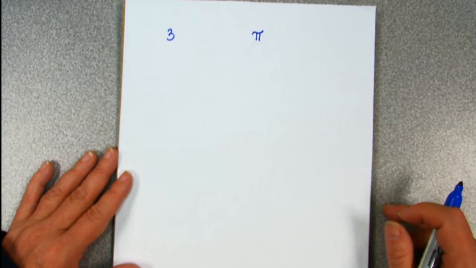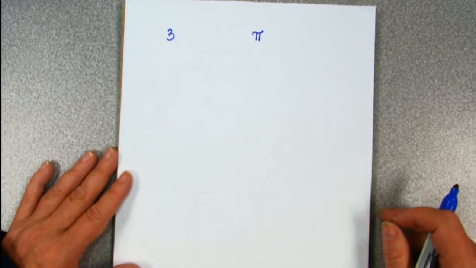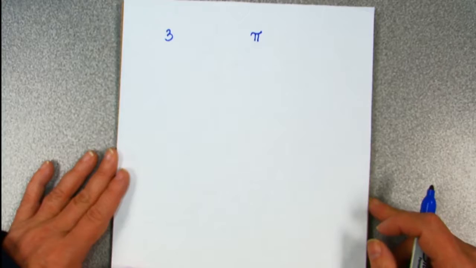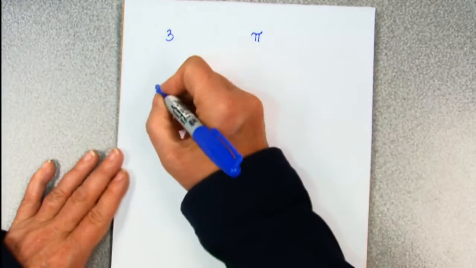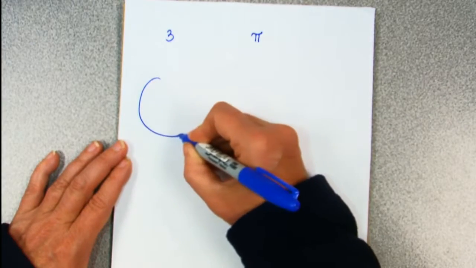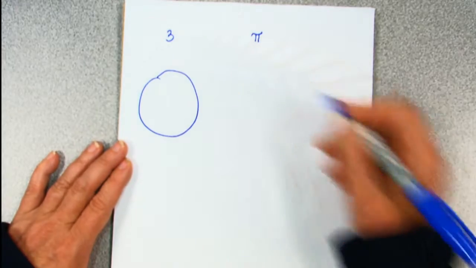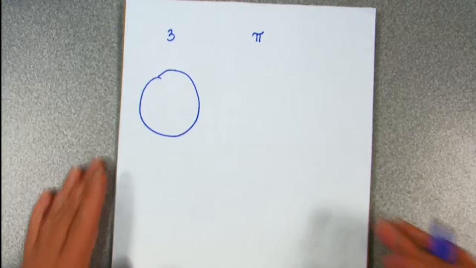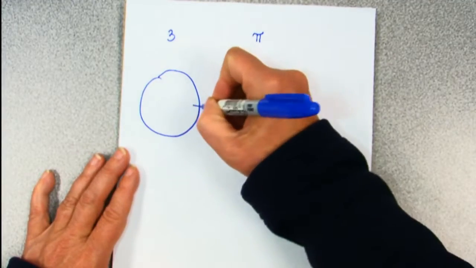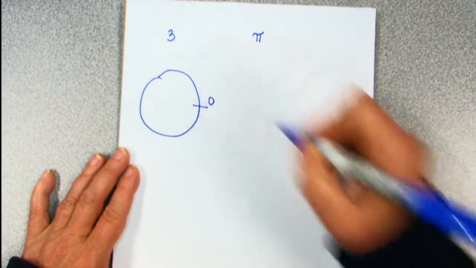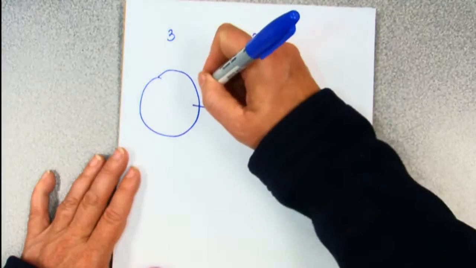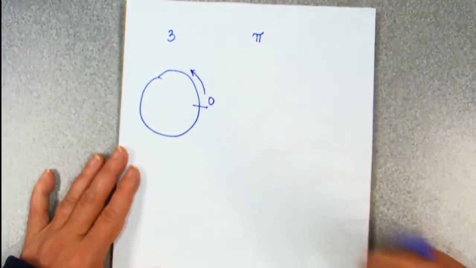Pi is actually a ratio, okay? It's actually a ratio, and it comes from our lovely unit circle, which is why we have it. So if I have a circle, and this is also some interesting things that we have to worry about in our circles. Typically, we start with this being 0, okay? And we travel counterclockwise.